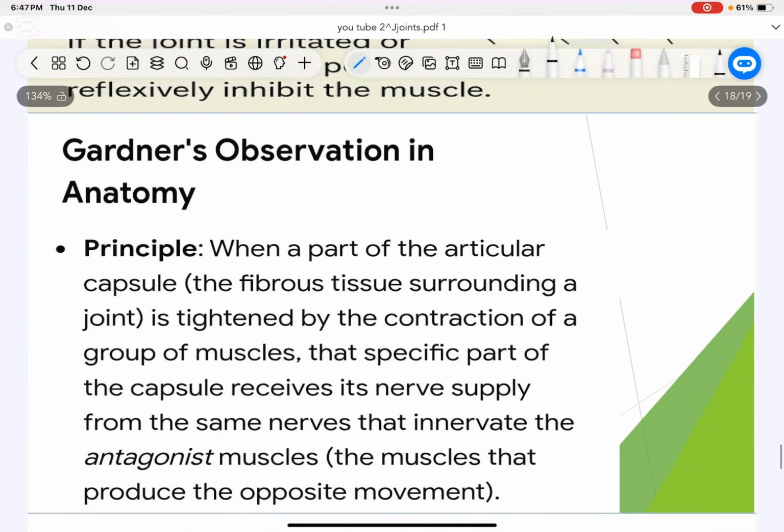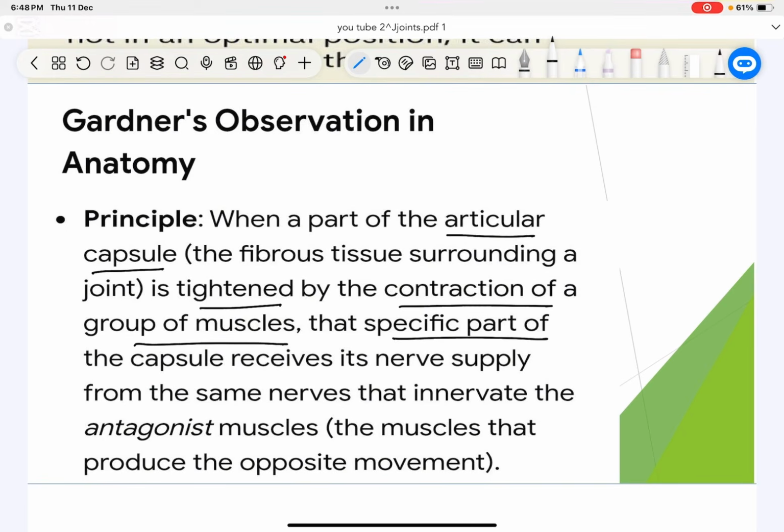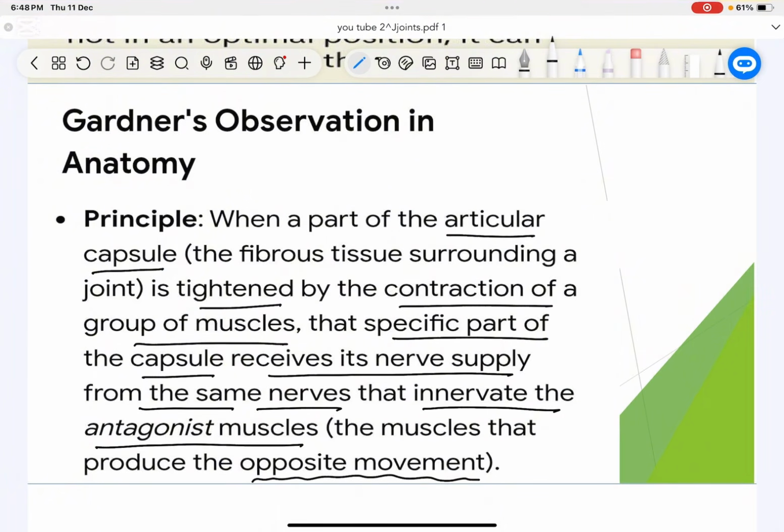Same, there is one more, Gardner's observation. In anatomy, the Gardner's observation principle: when a part of the articular capsule is tightened by the contraction of a group of muscles, that specific part of the capsule receives its nerve supply from the same nerve that innervates the antagonist muscle, the muscle which is producing the opposite movement.